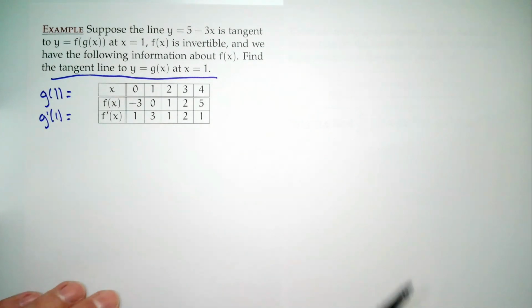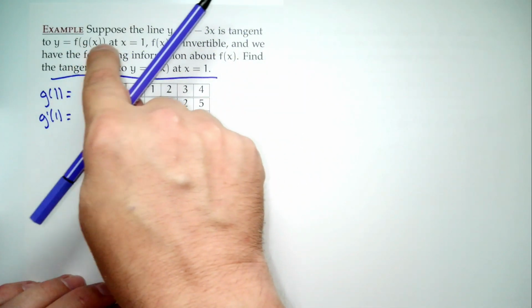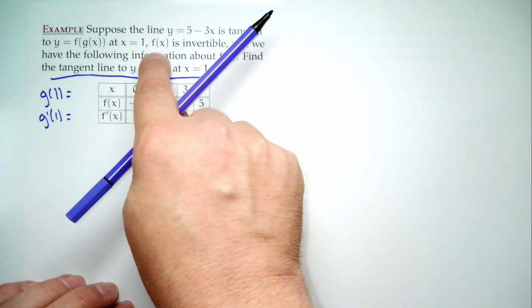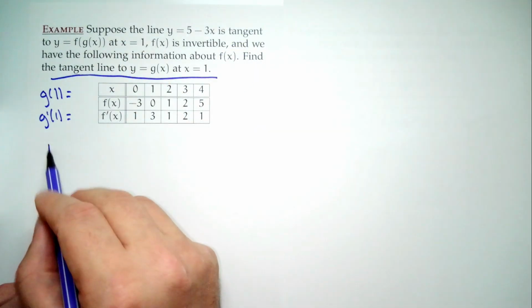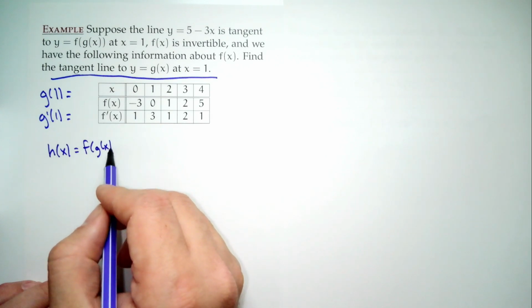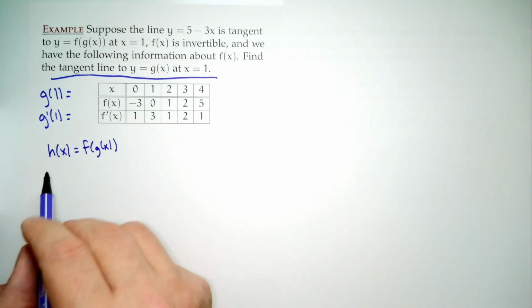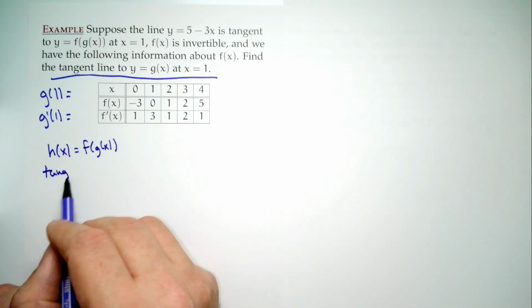We are told that there's this line y equals 5 minus 3x, and it's tangent to y equals f of g of x at x equals 1. So let's call this h of x, our f of g of x, just for convenience in terms of notation. Because we have the tangent line at 1, that gives us useful tools.